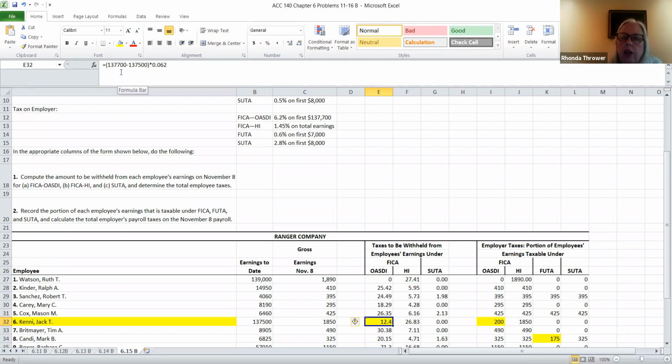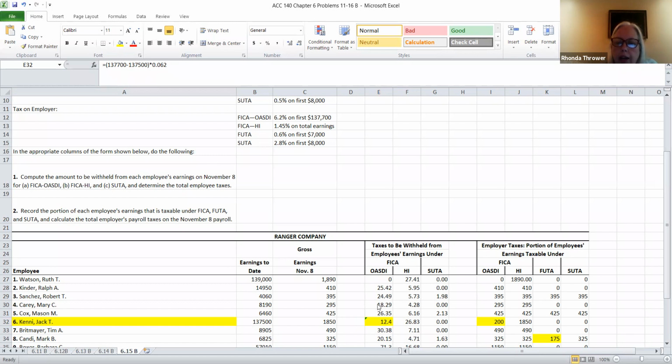So $137,700, the ceiling or the base, minus the earnings to date, will leave you with an amount of $200 that is taxable at 6.2%. So $137,700 minus $137,500 is $200 times 6.2%. That's how I'm getting $12.40 that will be withheld from the employee's earnings. That's this amount right here.